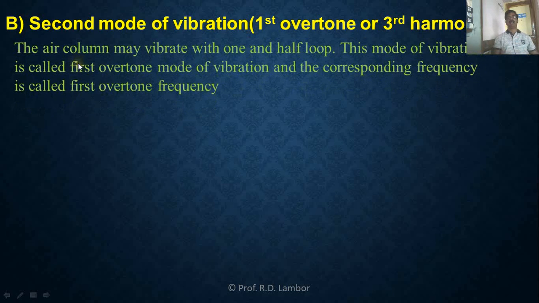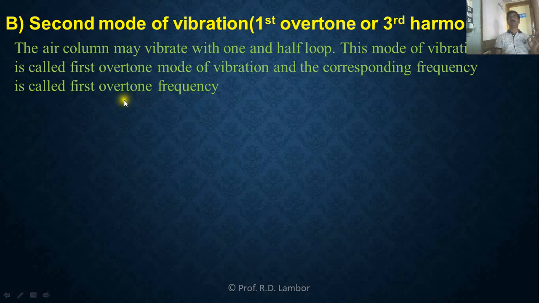See here, the air column may vibrate with 1.5 loops. At that time this mode of vibration is called the first overtone mode of vibration. But which harmonic it will be depends upon which multiple of the fundamental frequency results in this case.